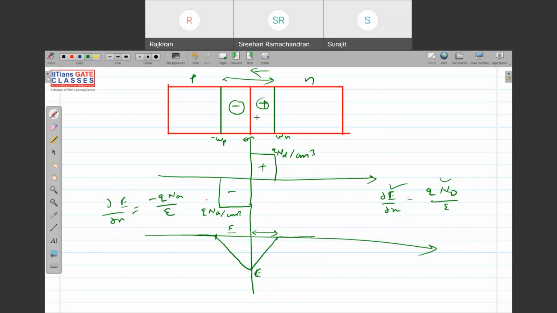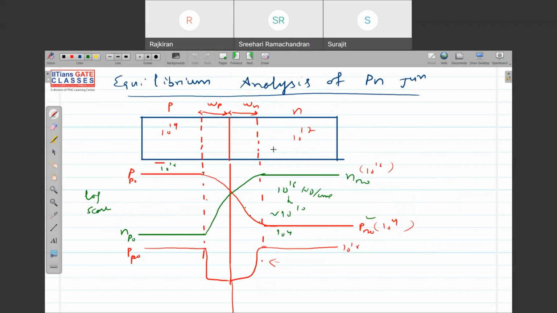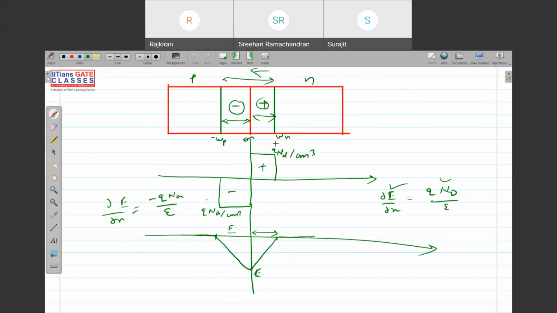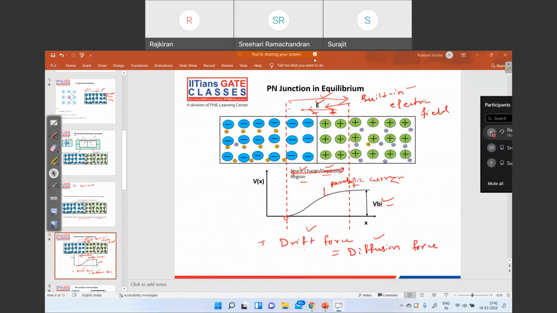Since you're asking, I'll prove that charge equality will be there. The number of charges in this region is equal to the number of charges in this region, because at the very beginning I discussed that electric field is generated. Whenever we have one positive charge and one negative charge, there will be electric field. The number of field lines depends upon the number of charges.